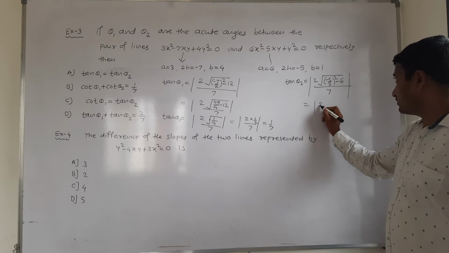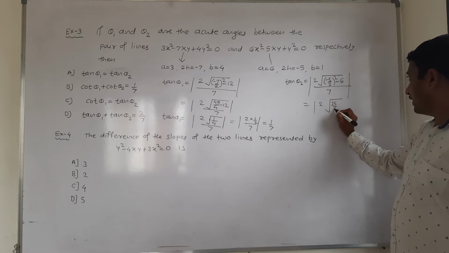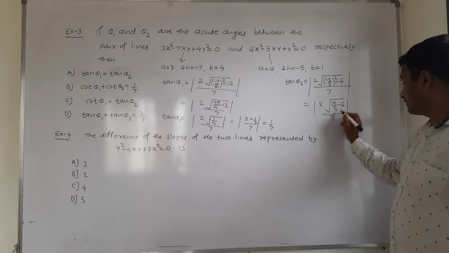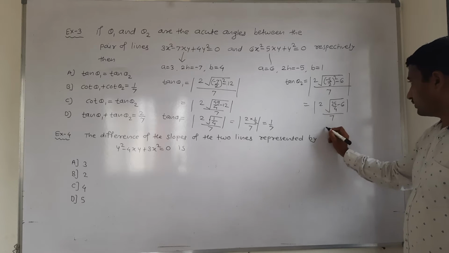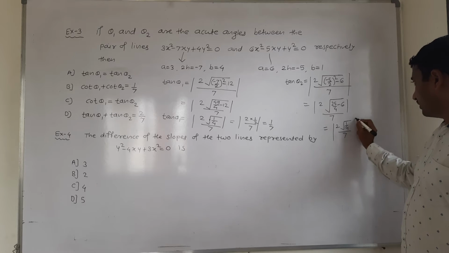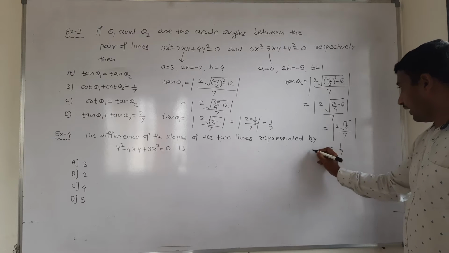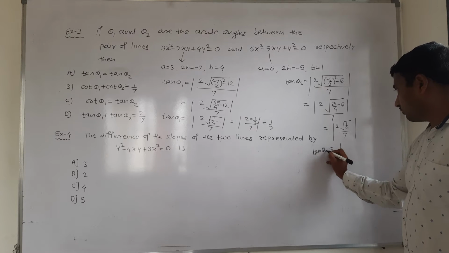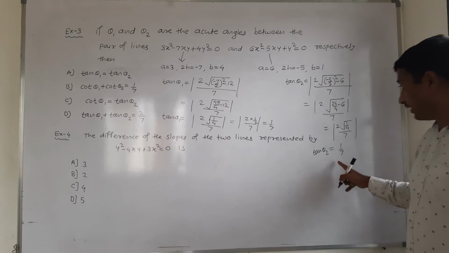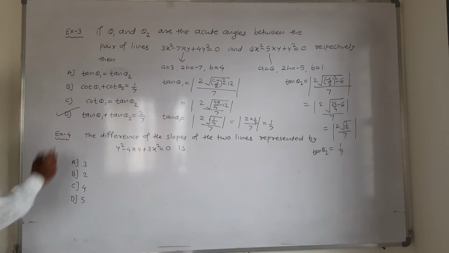Then it is 2√(25/4 − 6) / 7, again the common denominator gives 1/4, so 2 × 1/2 / 7, the 2s cancel, it is 1/7. Therefore tan θ2 is also 1/7. Now what is the relation? Addition of these two, tan θ1 + tan θ2 = 1/7 + 1/7 = 2/7, option D.